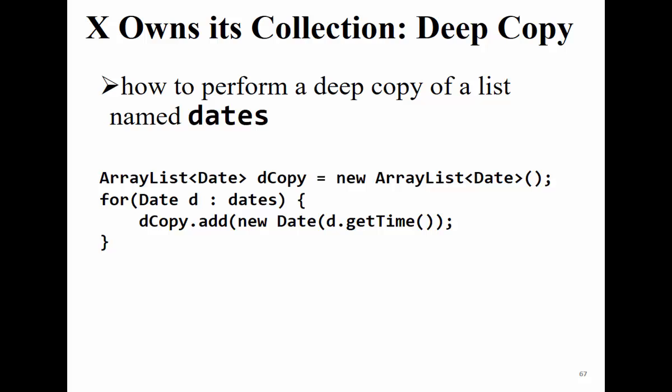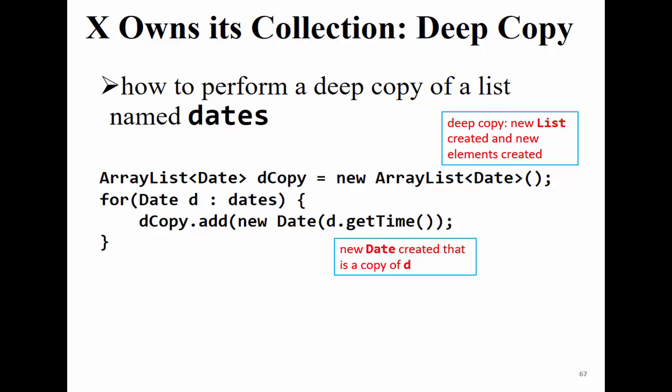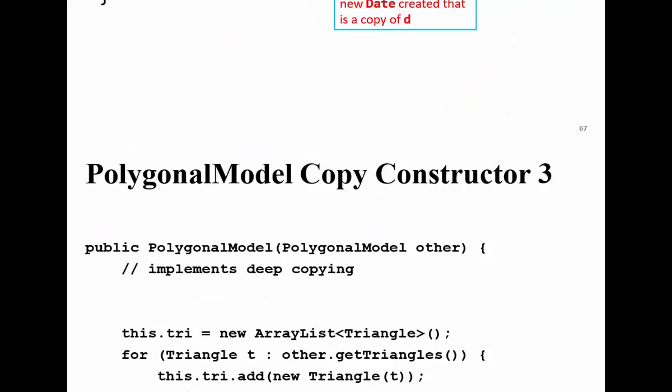Look here inside, we say dcopy.add, and we use a new date to create a new date from the date. So I have two new lists, and I have new objects for each one. I create a deep copy of the list and a deep copy of each object inside the list.